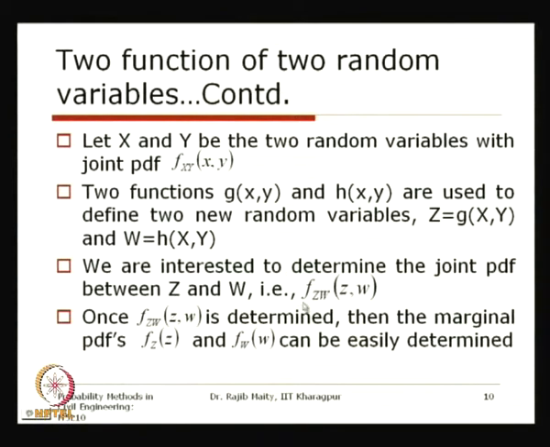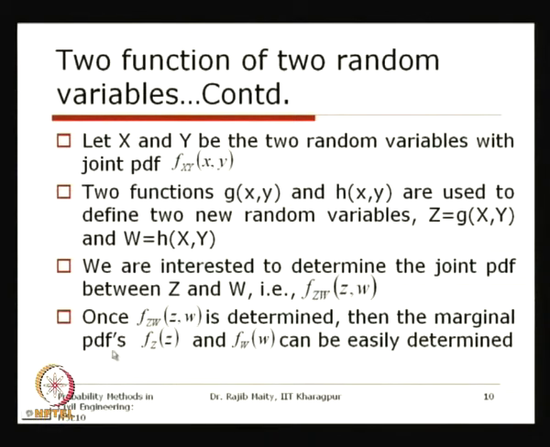Once we know this, then just as the joint PDF of X and Y is known, we know whatever properties we need. Similarly, if we can obtain the joint density of their functions, then whatever we need we will know.